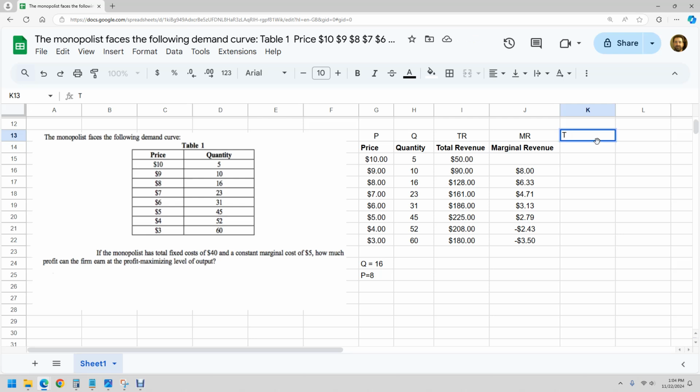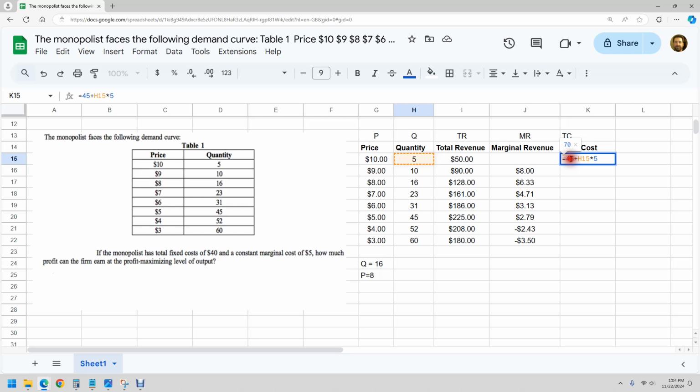So let's calculate total cost. Total cost is going to be the fixed cost, which they're telling me is 40, plus the marginal cost times the quantity. Actually, that's not a times, that's a plus.